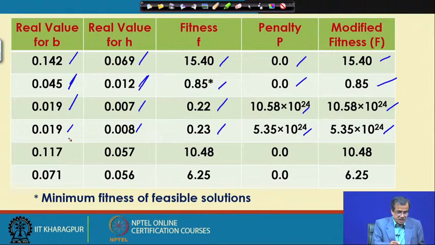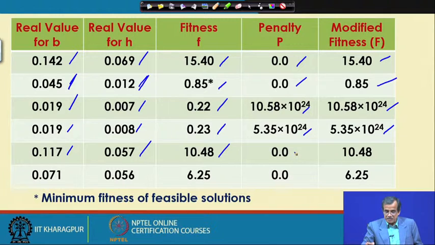For the fifth GA string, this is the real value for B, the real value for H, this is the value of the original fitness, there is no violation of the functional constraint. So, the penalty term is put equal to 0. So, the modified fitness is nothing but the original fitness.